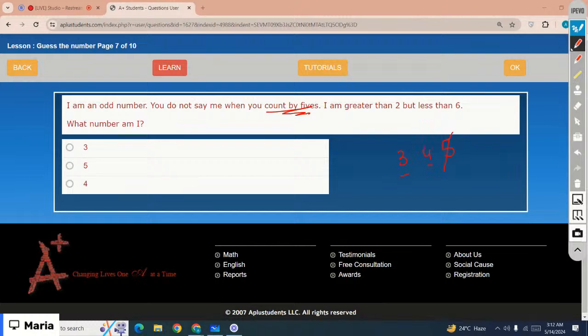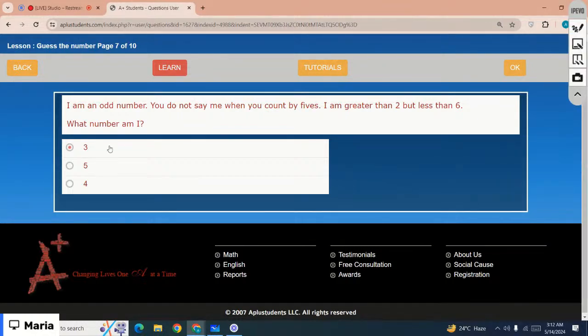The correct option is 3, because the only odd number is 3. 4 is an even number. The correct option is 3.